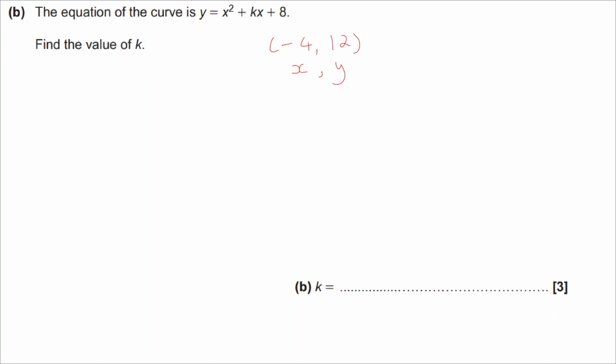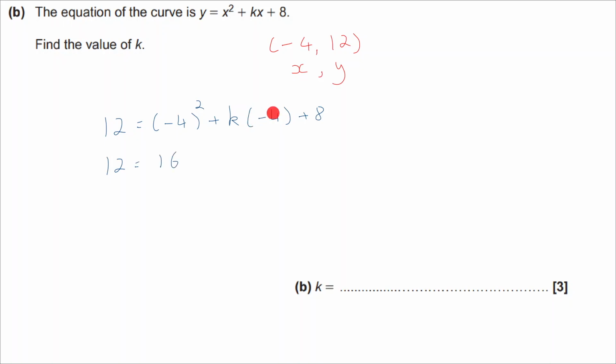And if we do this, we're going to be getting y, which is equal to 12, is equal to x squared, and x is minus 4, so you get minus 4 squared plus some value k times your x value, which is minus 4, and then you're adding on that 8 on the end. So 12 is equal to minus 4 squared gives you plus 16.